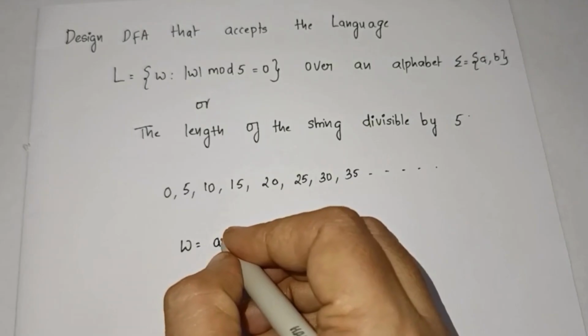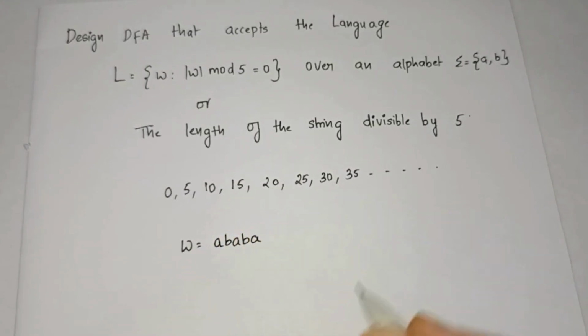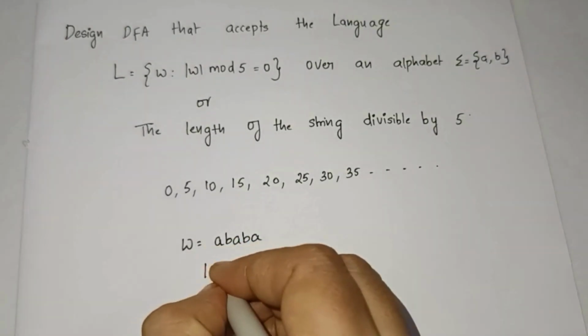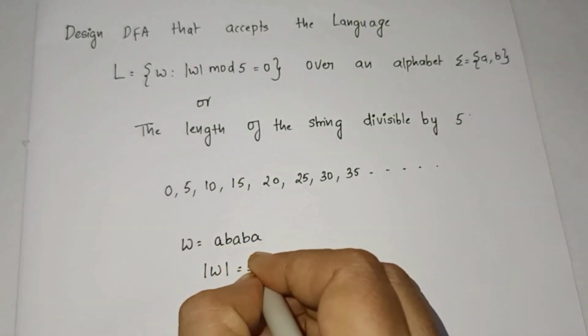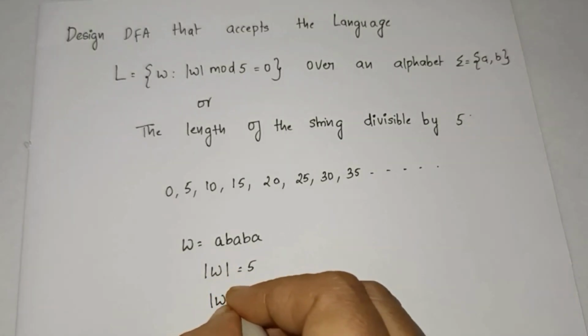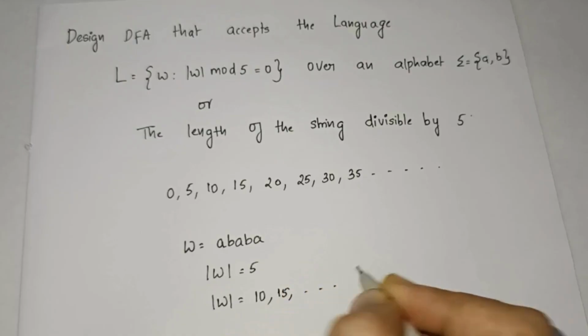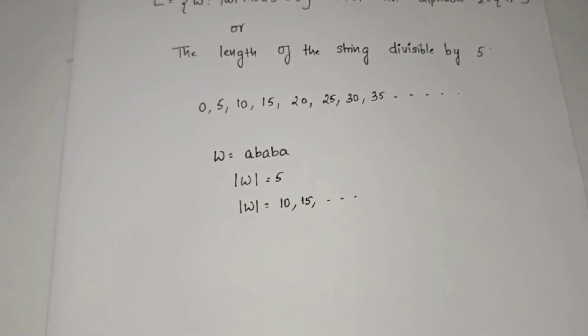That is the constraint of our question. So A, B, A, B, A: the length of the string, that is modulus W, will be 5. Next the modulus W can be 10, next 15 and so on. Like this we have to take the strings.